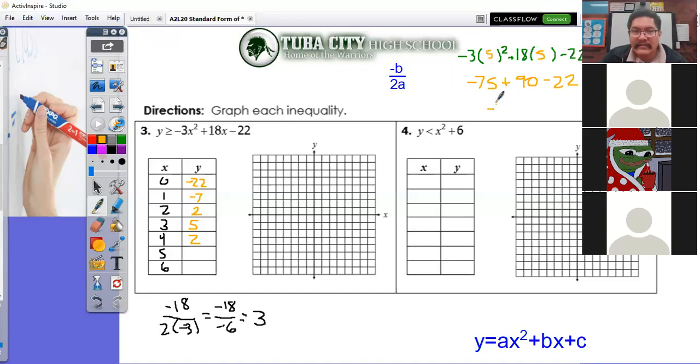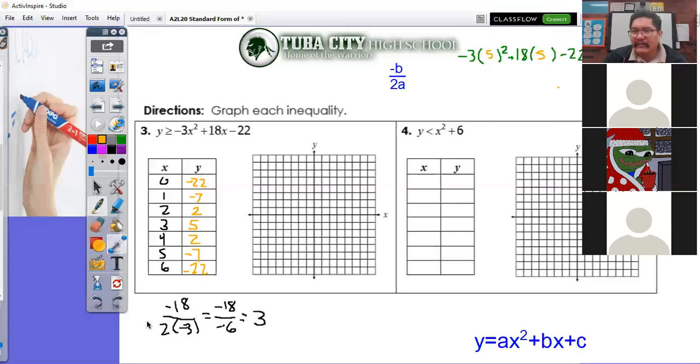And we get negative 7 here. And this one's going to be off the graph, so it wouldn't make a difference if it was wrong. It's not going to change the shape of the graph or anything. So I'm going to just assume that that last one is going to be the same as the other side.